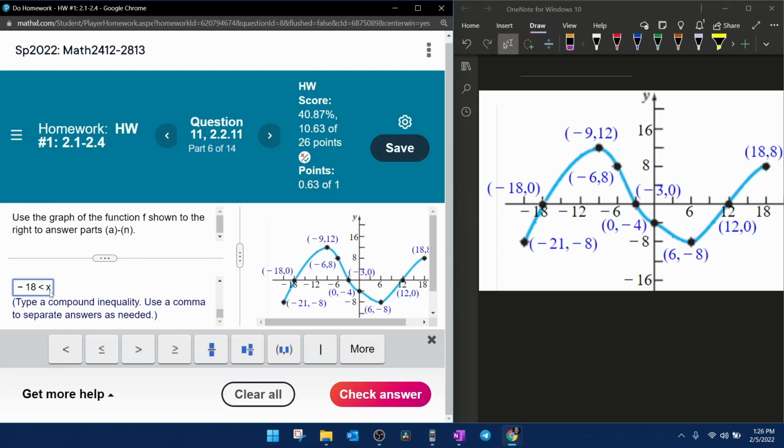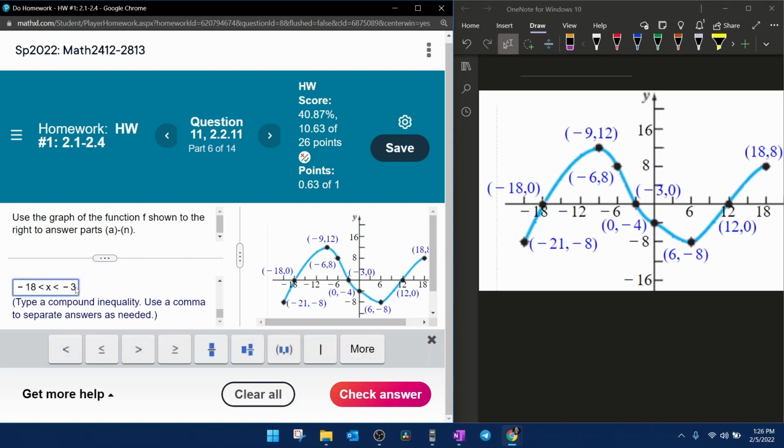If you read that backwards, it says x is bigger than negative 18, but x also needs to be less than negative 3. I'm using the strictly less than symbols because it said f of x needs to be strictly greater than 0. If it would have said greater than or equal to 0, I would use the less than or equal to symbols.